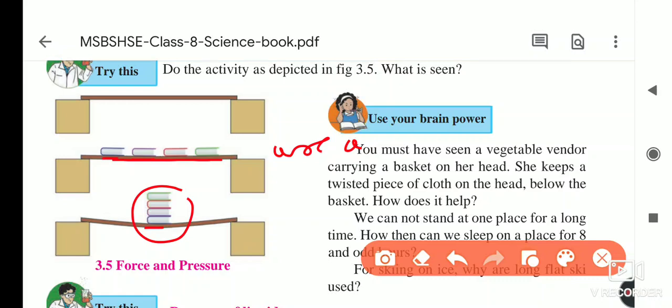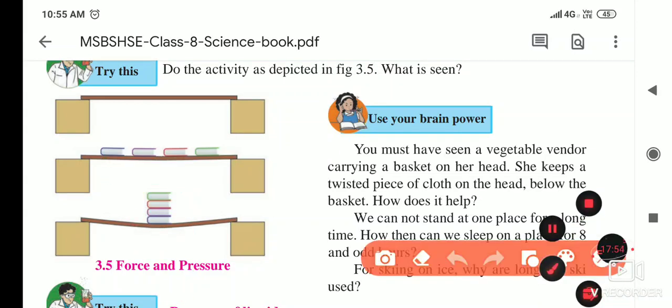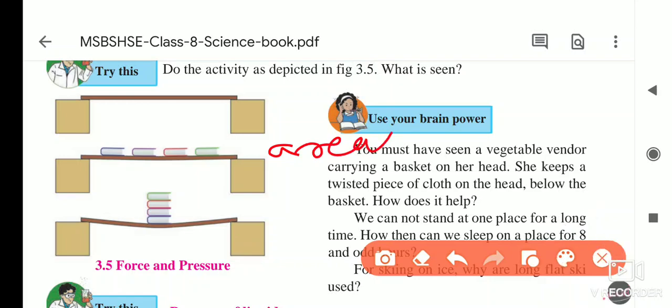In the first picture more area is used for keeping the books, but in the second picture less area is used to keep this plank. If you observe this plank, you will notice that it bends a little in between where the books are kept.